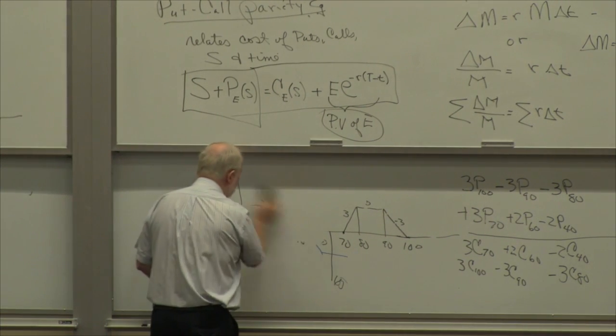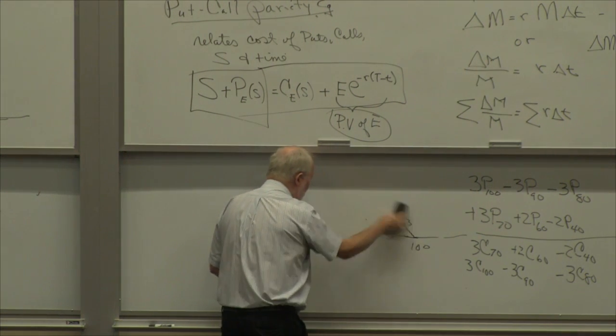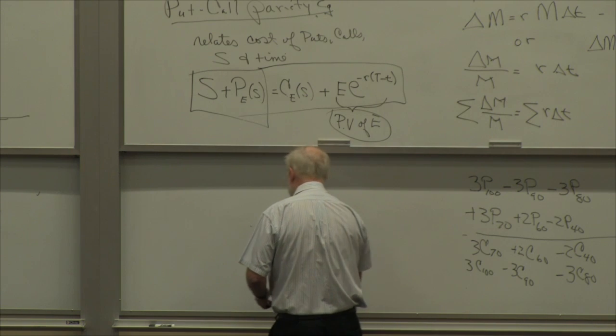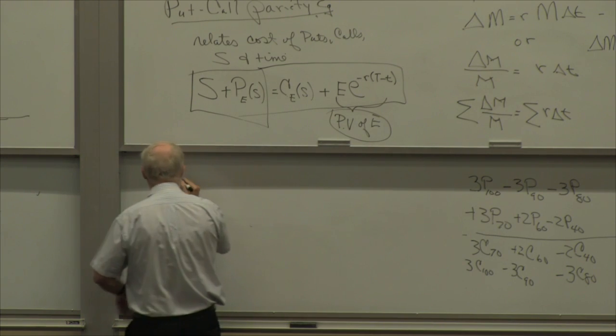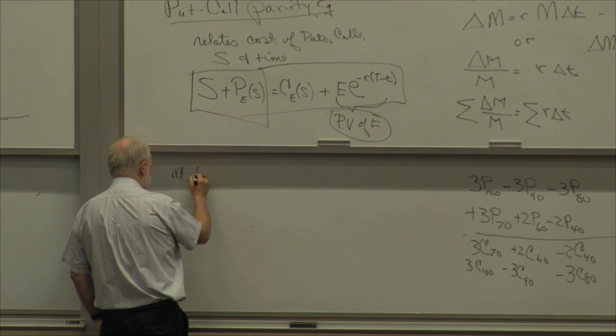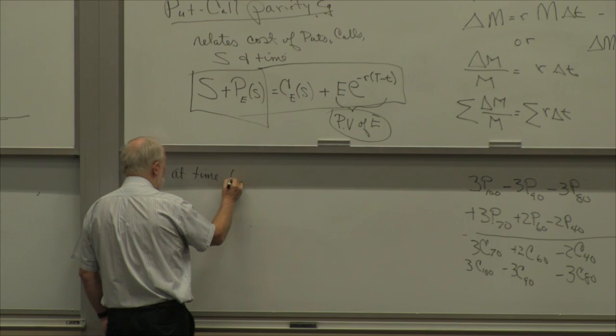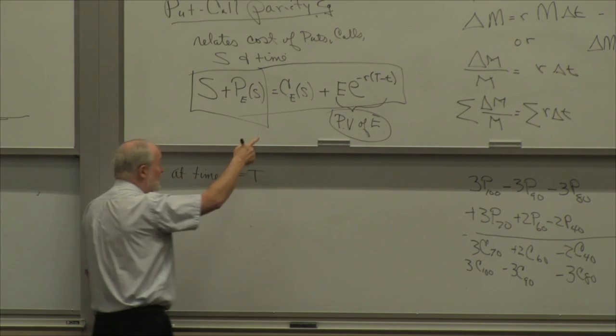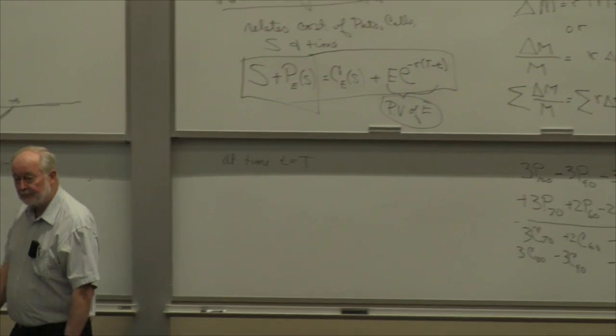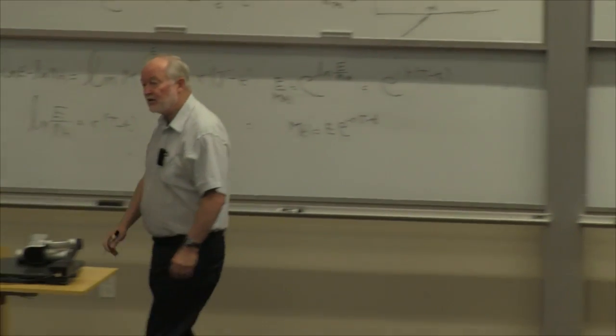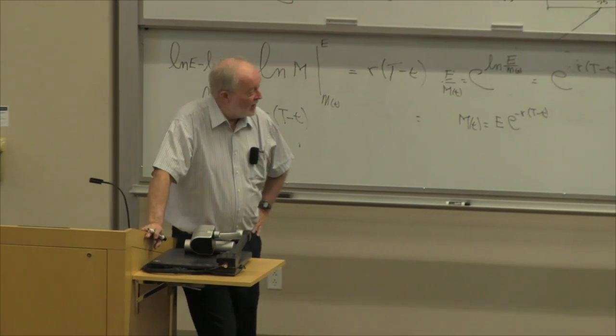First, let's take a look at what happens at time T. I want you to show that at time T, that's an equality. Go ahead. At time T, at expiration date, that is an equality.